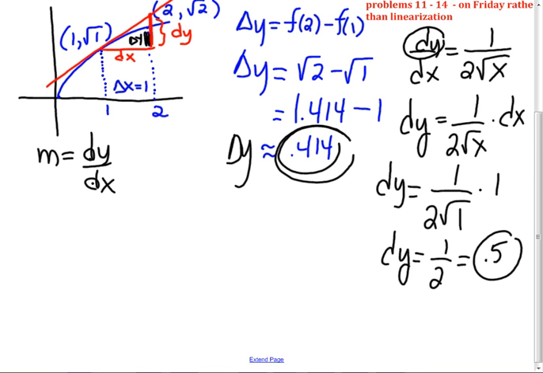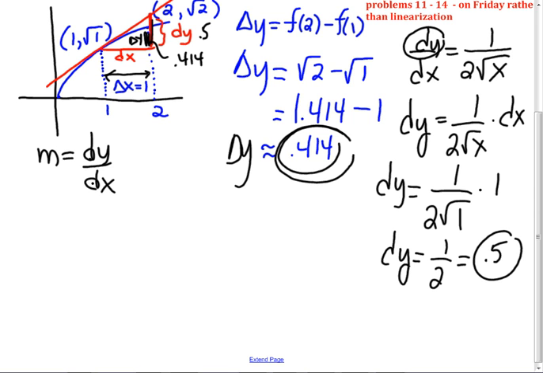Dy dx is equal to 1 over 2 square root of x. Correct. Dx is the length between here and here, which is 1. So I'm just doing the slope of this line, right? So if this is 1, then this height here is 0.5. The actual height is 0.414.